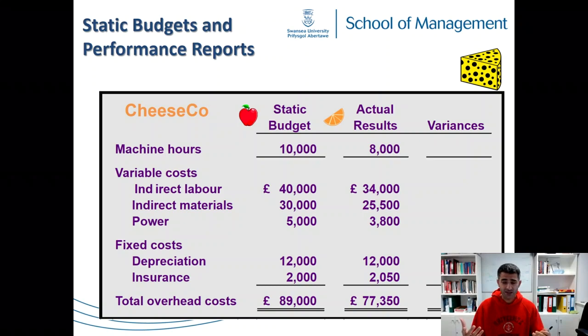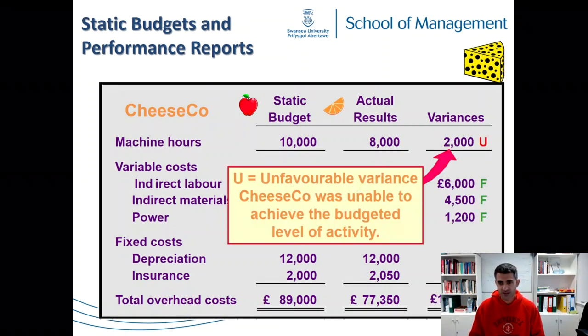But the question is, how do you know that we have done a good job? We need to know that we have done a good job in controlling the expenses, or whether we just saved money because the activity level is less. If you look at the variances, meaning the difference between the budgeted and the actual results, these are unfavorable and favorable.